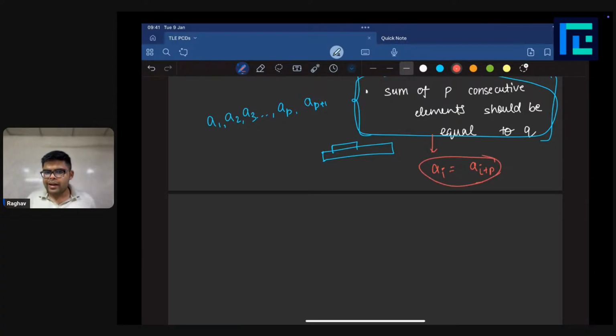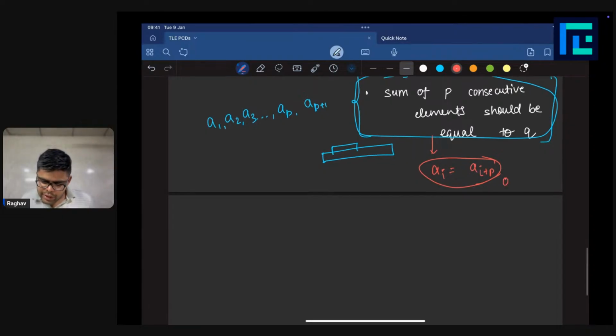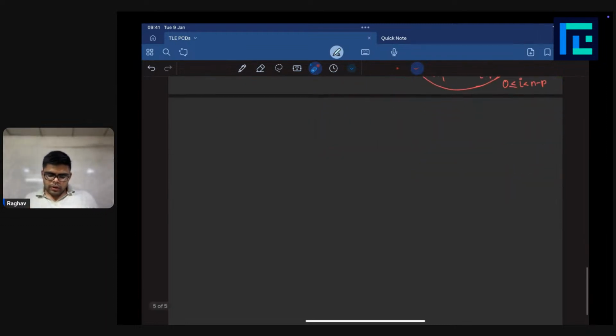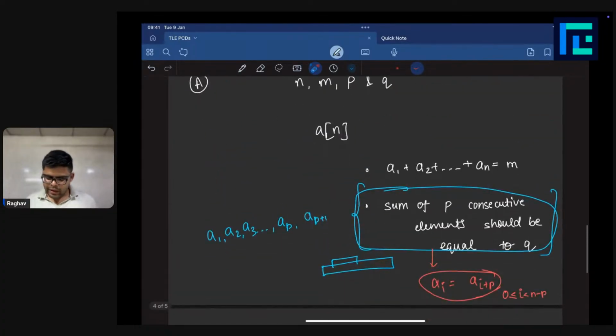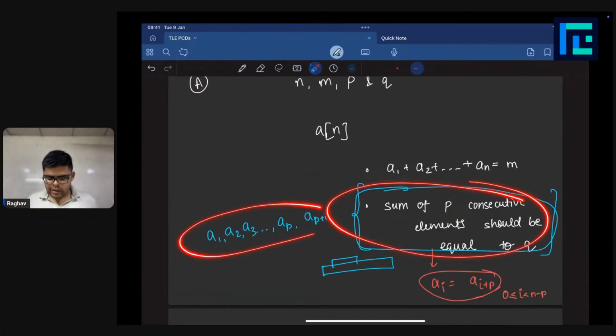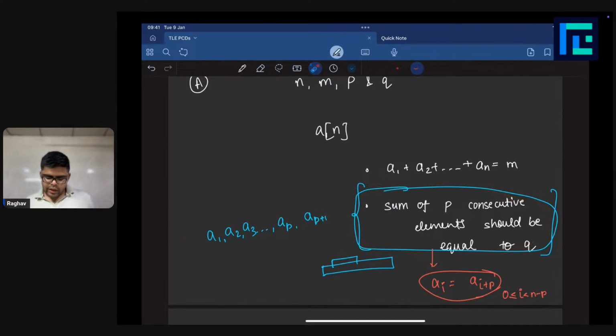This should be valid for all i such that i is less than n minus p and greater than or equal to 0. So guys, is it making sense till now? In case you did not know about this, you can know about it now. And I don't think it is difficult to grasp.